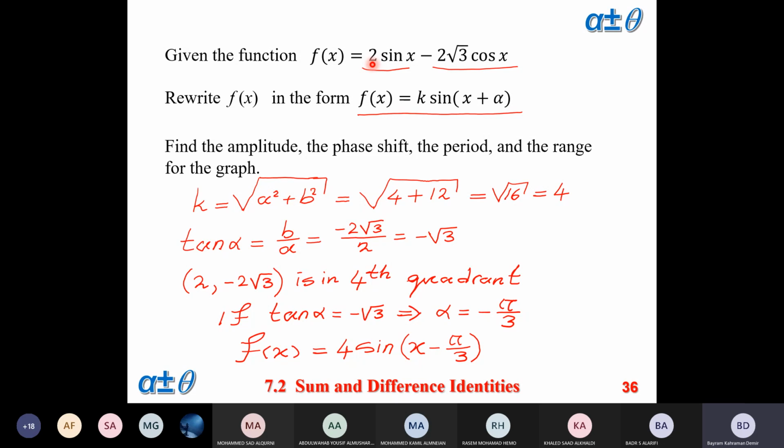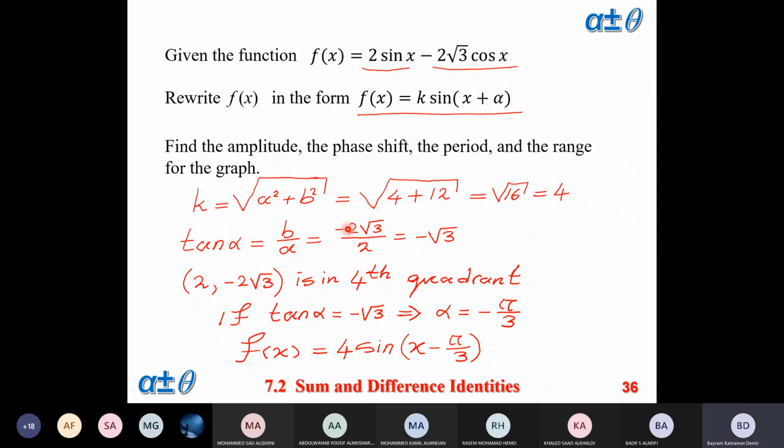If you see in the exam that they write cosine first and then sine, just make sure you rewrite it as sine first and then cosine, so that the number next to sine is a. Understand? That is important. So a squared is 4 and b squared is 12, which makes 16. So the root of 16 is 4. That is clear.